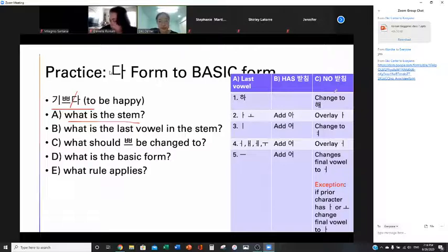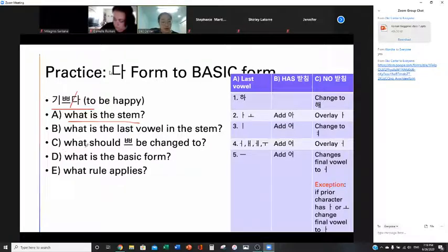So therefore you move to step C and see if it has an exception rule. Look at the prior character, and if it has ㅏ or ㅗ. Since this one doesn't, it doesn't apply to the exception rule.